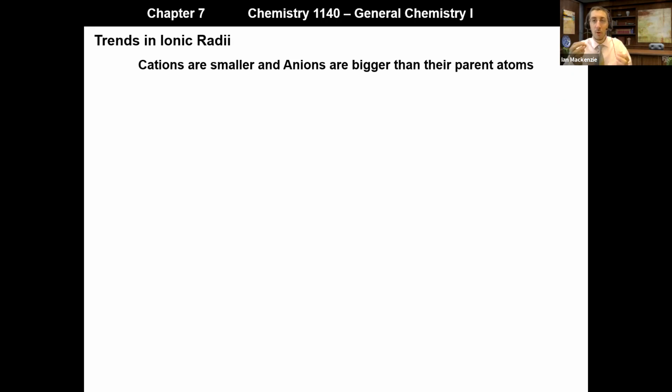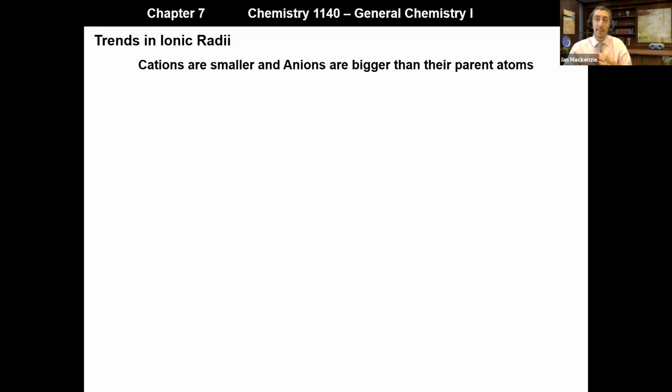Also, there's a small factor where valence electrons actually do shield each other to some extent. And so if you lose valence electrons, there's less of that shielding as well. So there's some impact there in cases where we lost some but not all of the valence electrons. Anions, on the other hand, are larger.